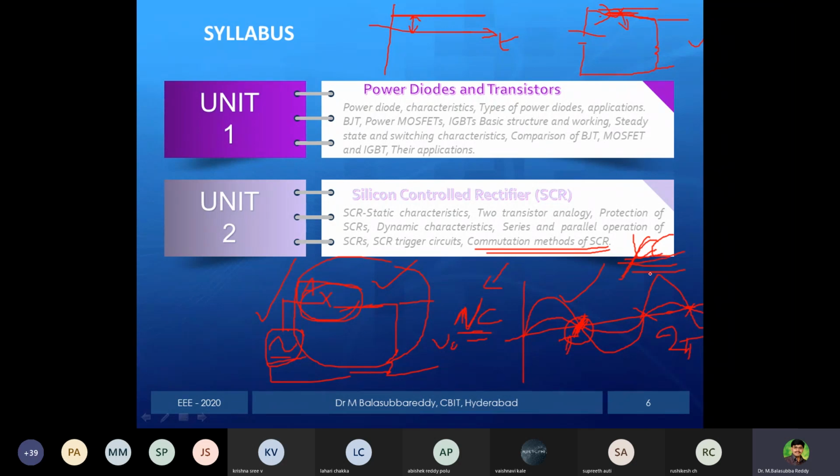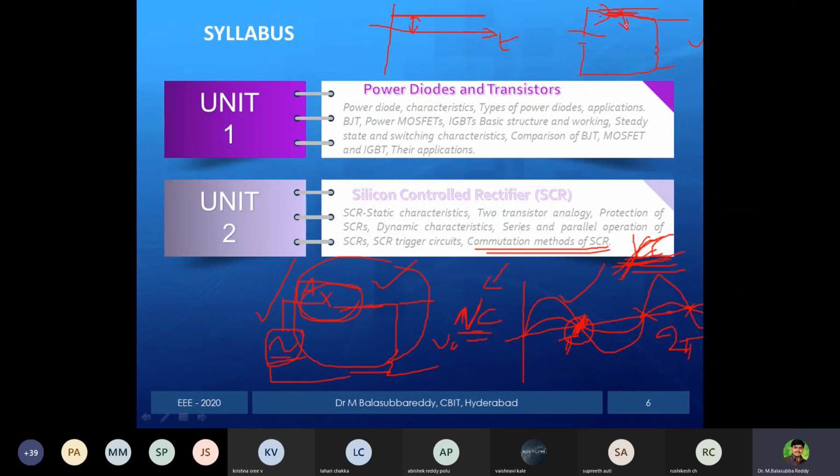The meaning of forced commutation is that you make use of an additional circuit or commutating elements like L and C, and use that to turn off the device. The current passing through the device is brought to 0 forcibly by an additional circuit. That is the reason it is a forced commutation.